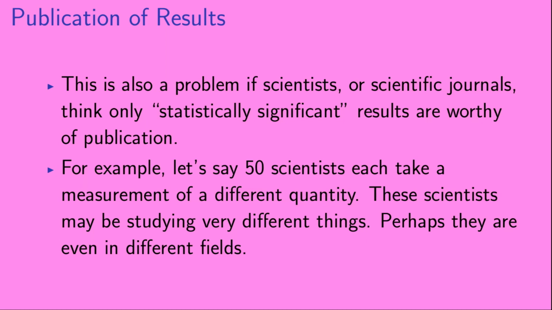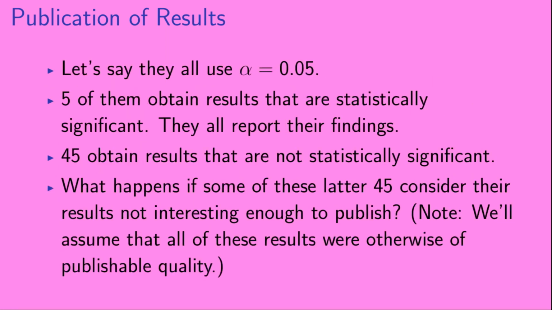These scientists may be studying very different things. Perhaps they are even in different fields. Let's say they all use alpha equals 0.05. 5 of them obtain results that are statistically significant. They all report their findings.